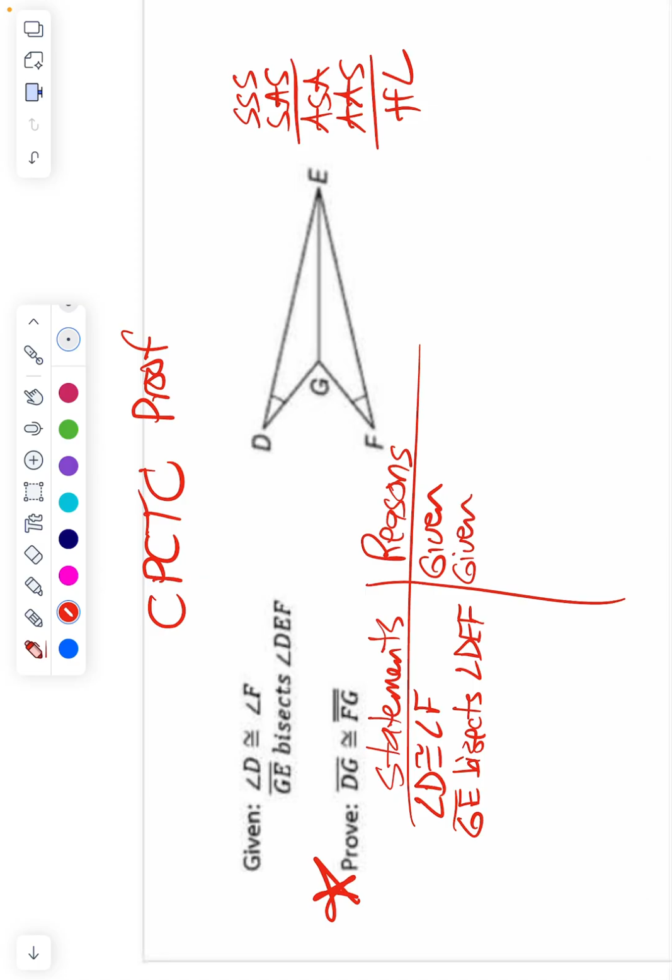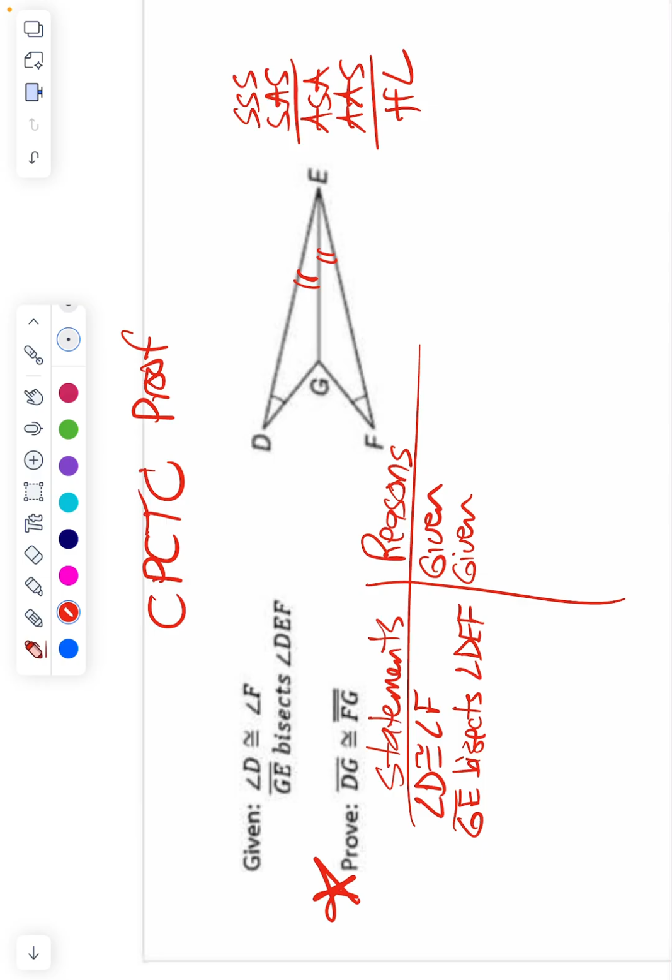So what does that tell us? This is an angle bisector. What does it tell us? Both sides are congruent? Yeah, it's telling us this is true. That angle and that angle, right? It's bisecting angle DEF. So I've put it in my picture. It's not in my proof yet.